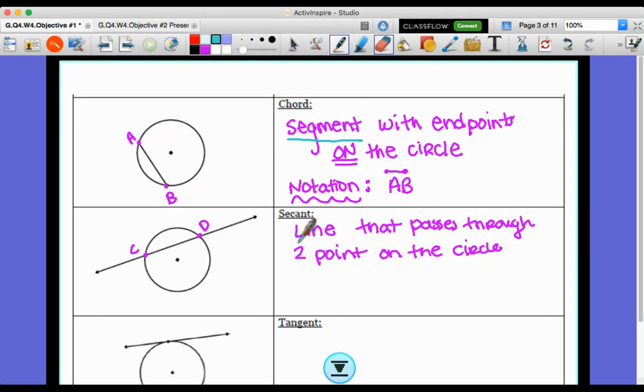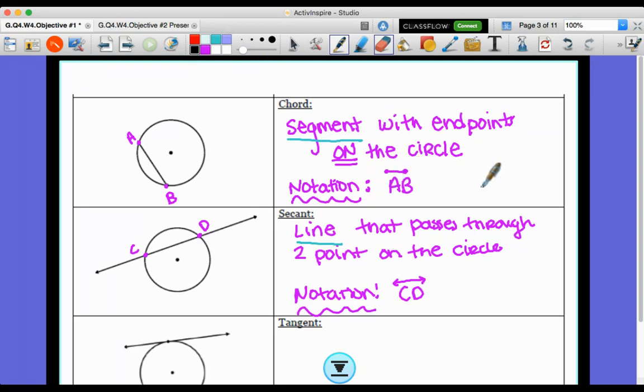So a secant is a line. This notation would be the notation that you might remember for a line. We were looking at CD, and how do we indicate that it's a line? Like that. If you put the endpoints on it, we're actually talking about segment CD, and that would have a length. I'm going to back up for a second.